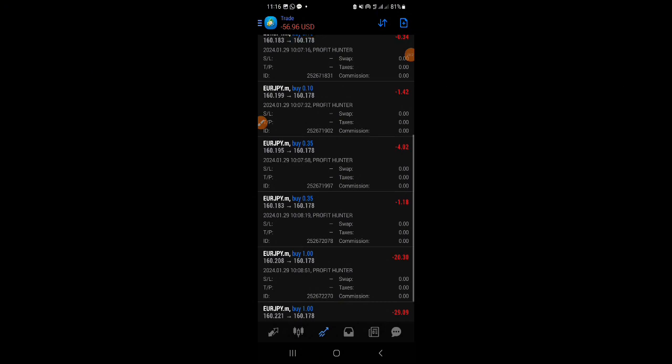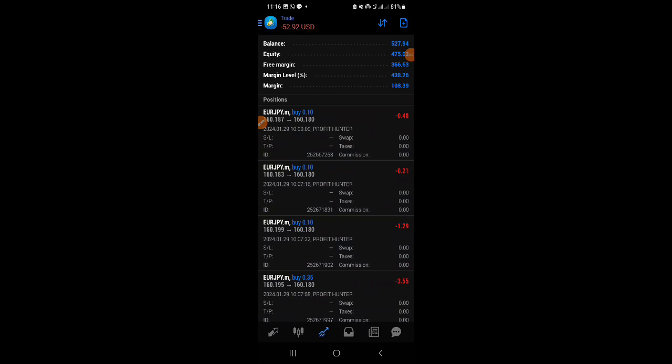A very nice robot. I tested it, and its accuracy is 98%, about 95 to 98% profitable, and the drawdown is just like 5%.